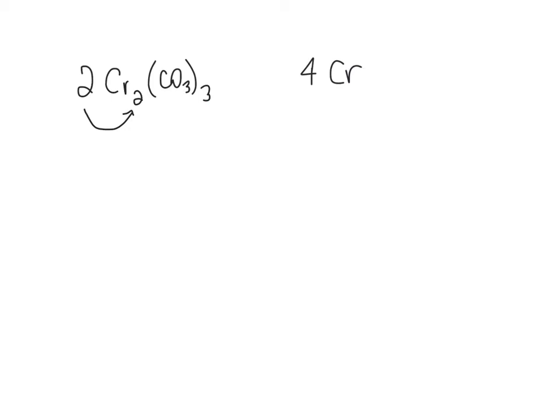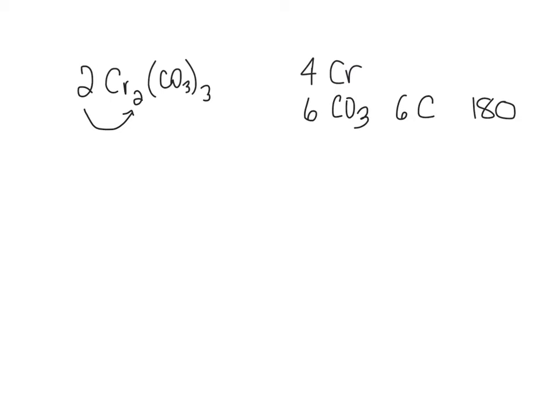So you can write this as 6 carbonates, so 2 times 3 is 6 carbonates, or 6 carbons and 18 oxygens.